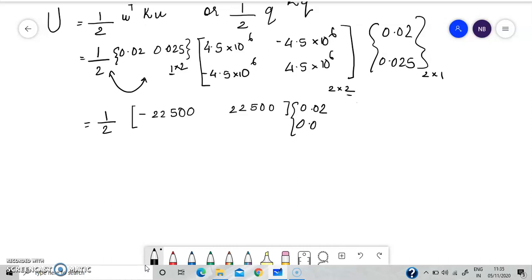Then 0.02, 0.025. Now here we have a 1 by 2 and a 2 by 1. When we multiply, we'll get only one value. So the strain energy works out to be 56.25, and the unit of it is pound inch.